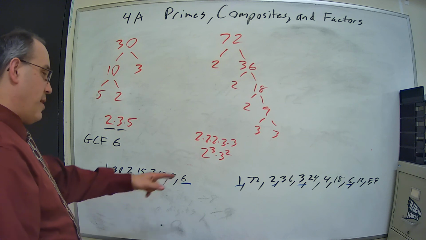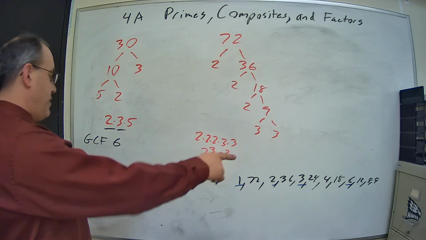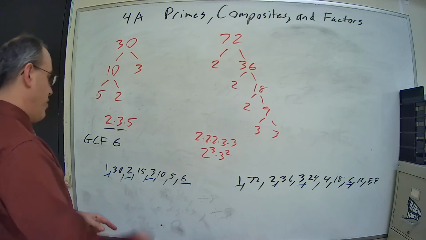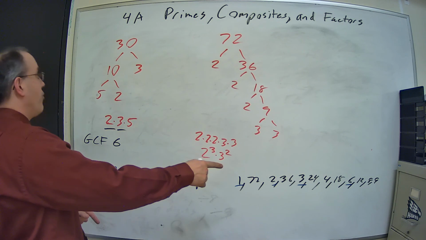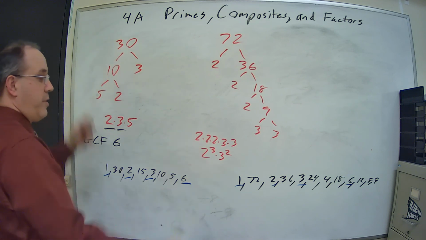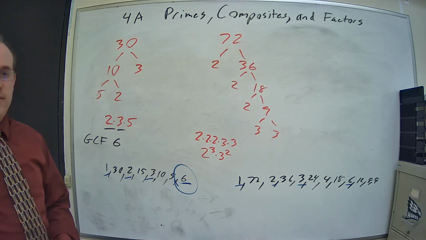Then 15 occurs here but not there, 18's over there but not here, 24 is over there but not here, 30 is over here but not there, 36 is over there, obviously 36 and 72 can't be. So the greatest common factor is 6.